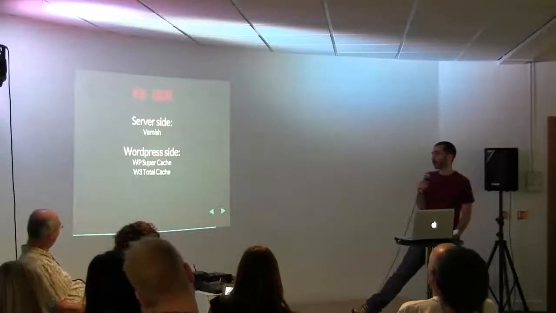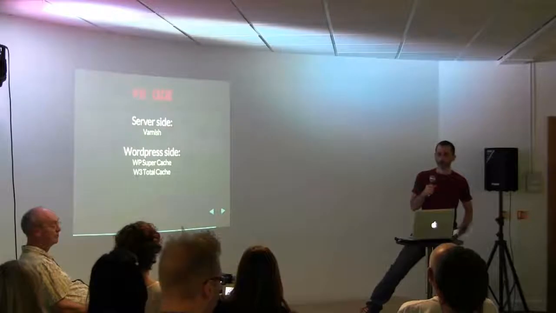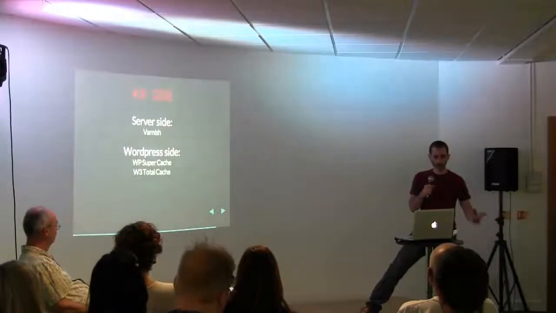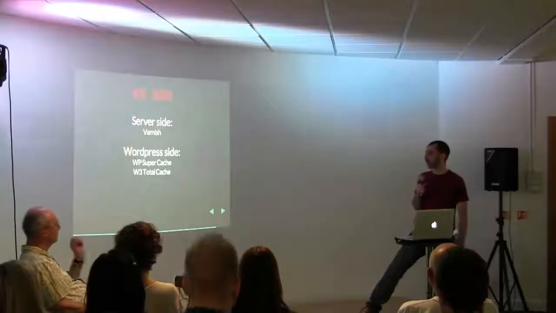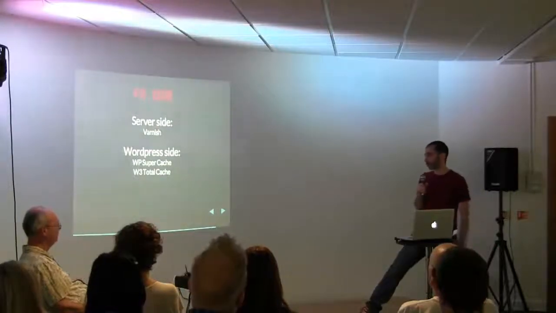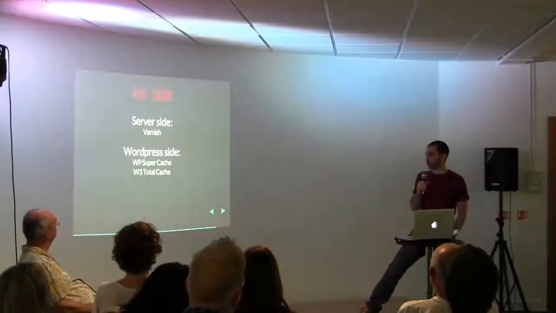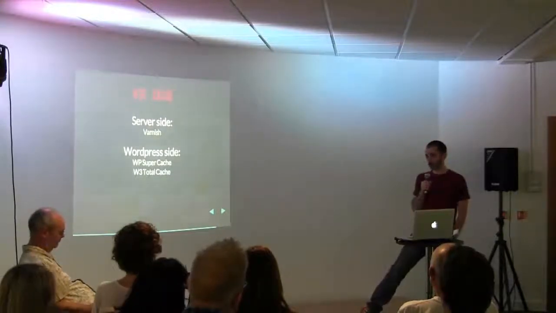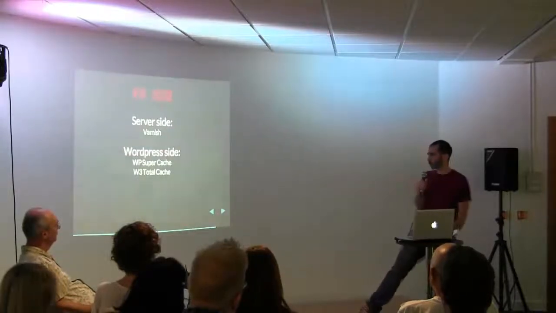And Varnish is really, really cool as a cache because it's server-side, so you don't put any more work on your WordPress, and it's really fast. But it uses a lot of space on your hard drive, so handle with care.